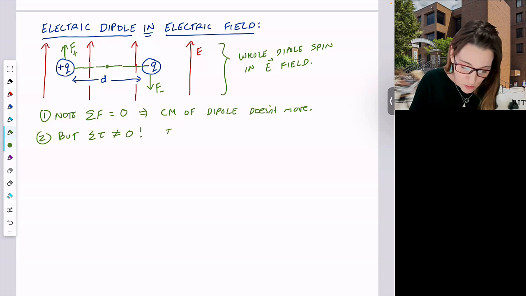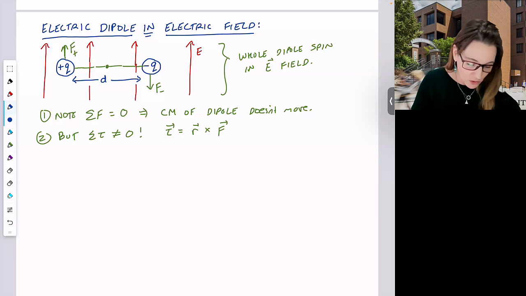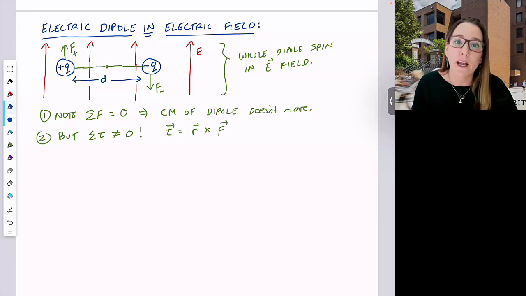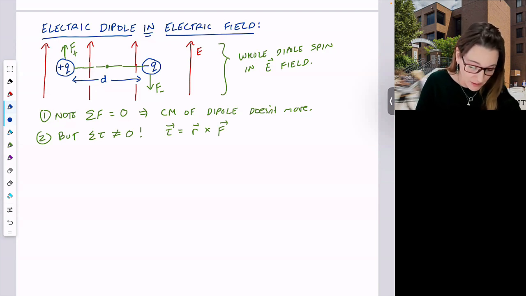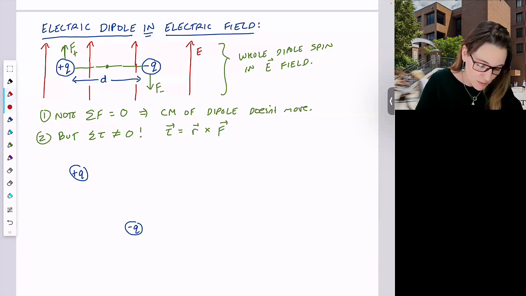Remember that torque can be found from r cross F. So if I draw my dipole again, now at some angle so that my field and everything isn't exactly aligned, let's draw my plus q here and my minus q over here. Then we can keep our electric field straight up.